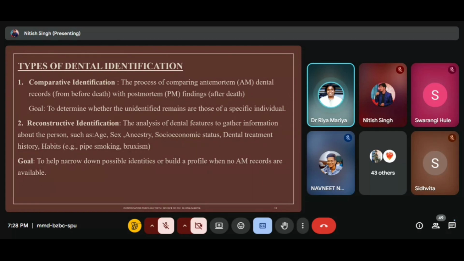Or beauticians doing threading of eyebrows hold the thread with the teeth, so there will be notching on the front teeth or incisors. If we get notched incisors, we can roughly get an idea of the habit of that individual. This kind of reconstructive identification is useful when antemortem records are not available, and it helps to narrow down the possible identities.